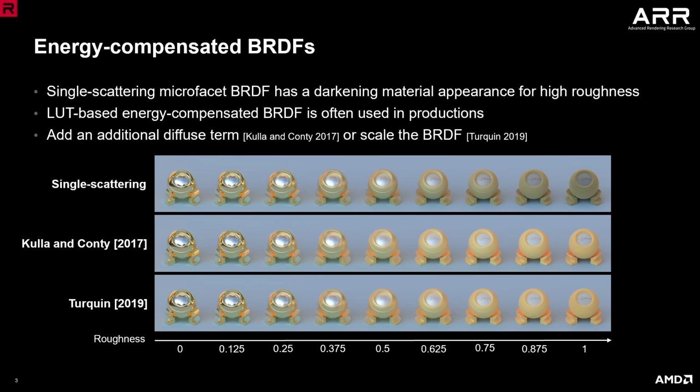There are mainly two methods. In Kulla and Conty's method, they added an additional diffuse term to compensate for the energy loss in the single scattering BRDF. In Turquin's method, they scaled the microfacet BRDF to compensate for the energy loss. Both methods fix the darkening problem for high roughness as shown in the image.